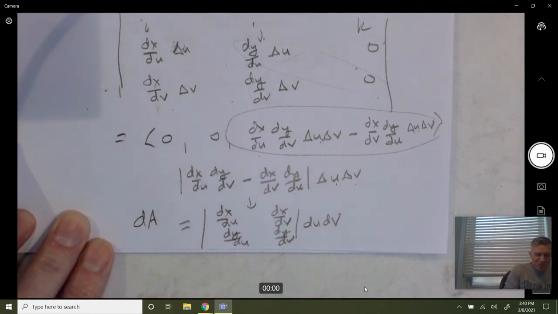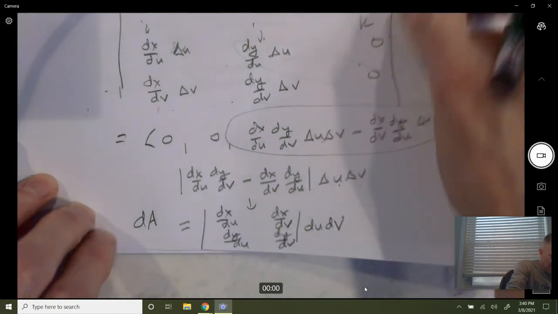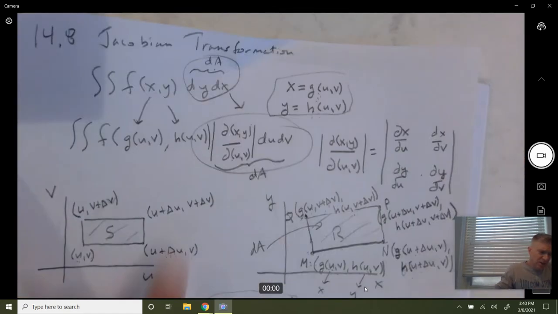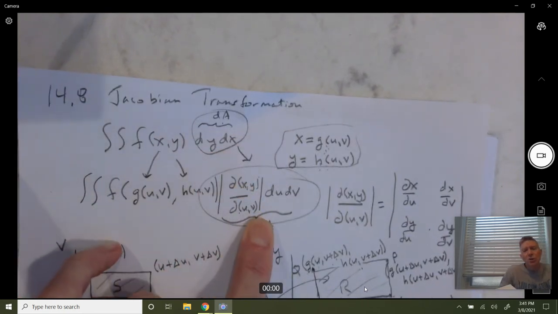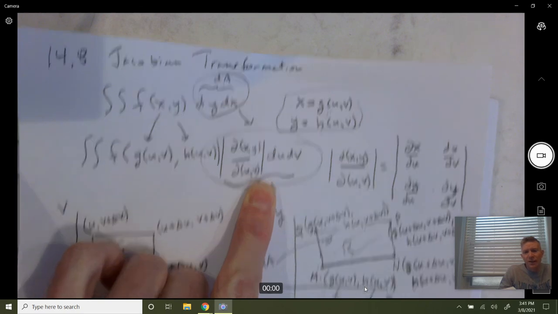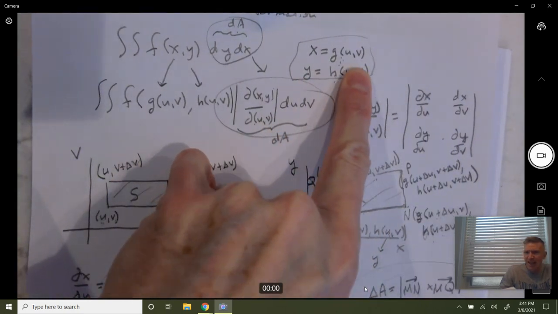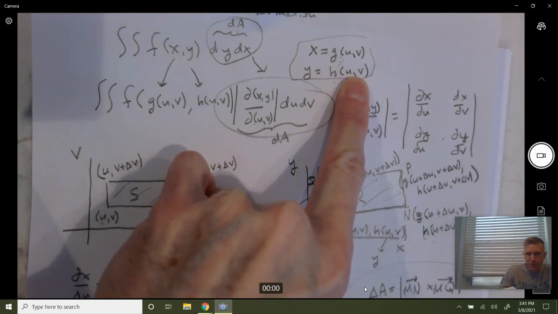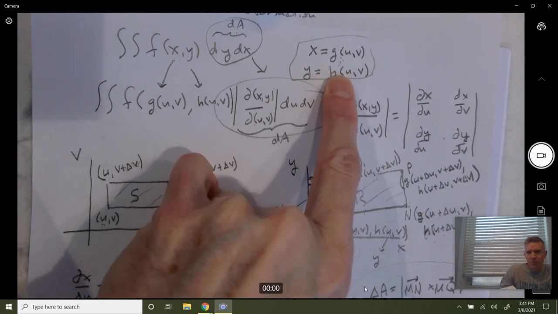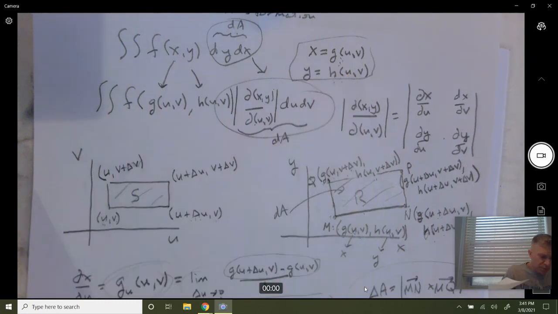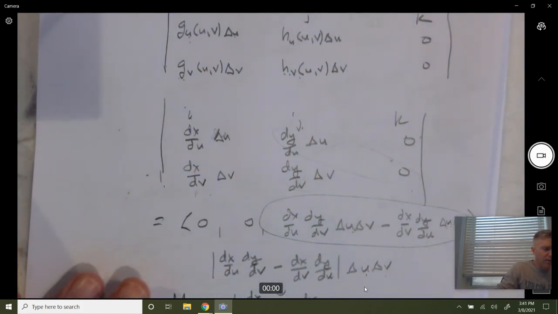So we basically just showed that this thing on our first page, that's where this comes from. That's where this dA, the dx dy, turns into this thing, and that'll work for any transformation as long as you define x and y in terms of u and v, any two other variables, any two other parameters, and as long as these have continuous partial derivatives with respect to u and v. Okay, and that's it, and that's how and why the Jacobian works.